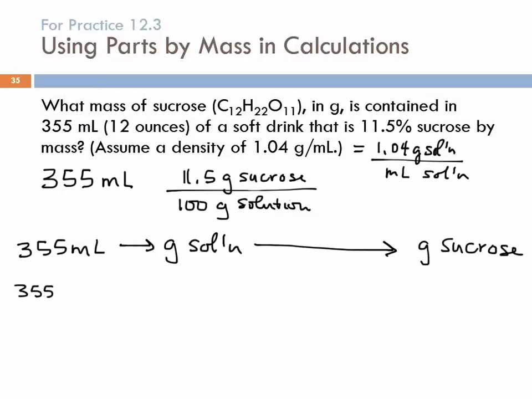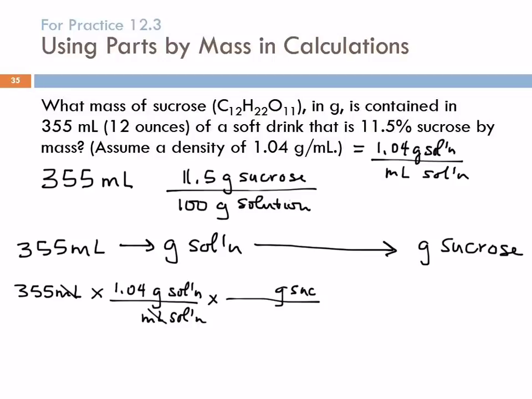So 355 milliliters times grams of solution per milliliter of solution, and that was 1.04. And those guys cancel out. And then I want grams of sucrose on top and grams of solution on the bottom.